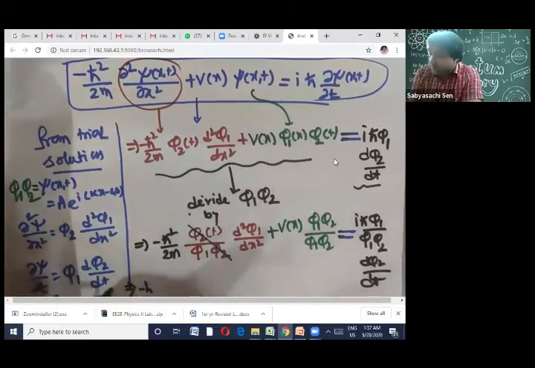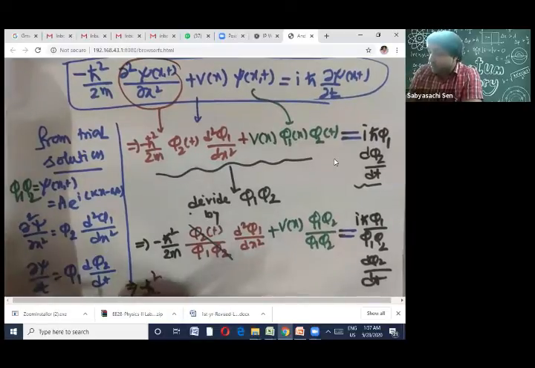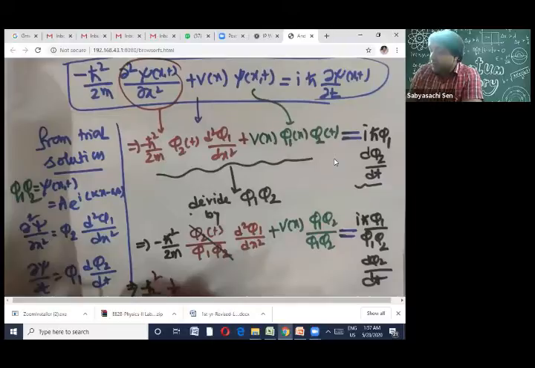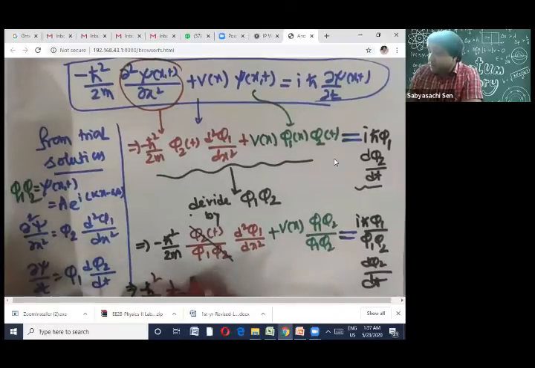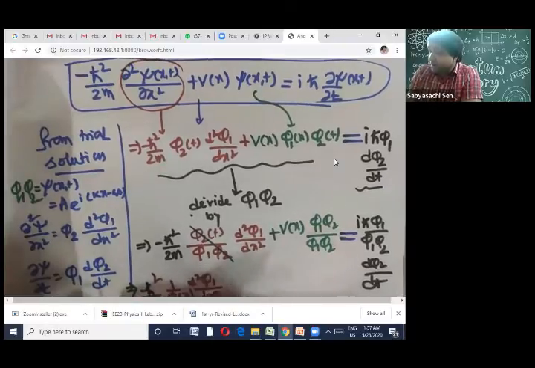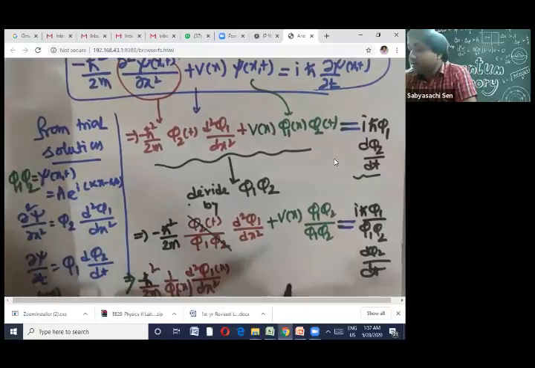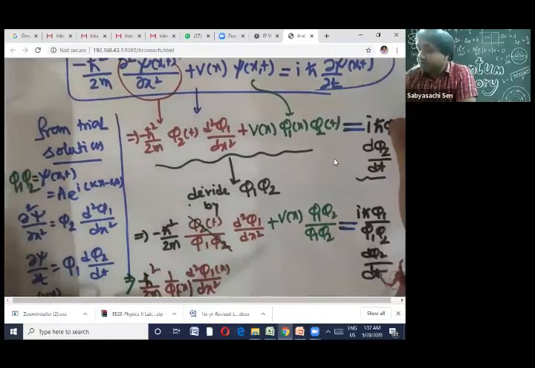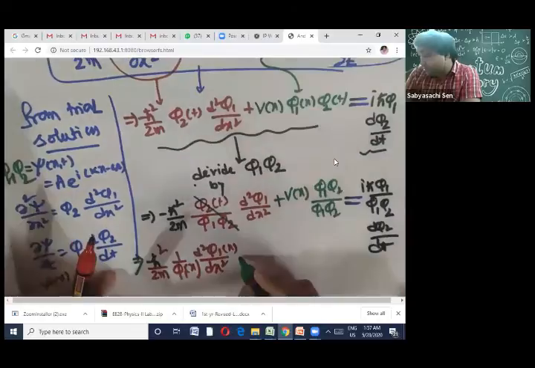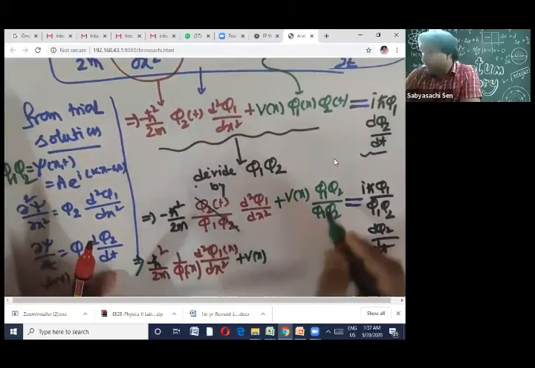minus h cut square by 2m, 1 by phi 1x, d2 phi 1x dx2. Next term is this much. Next term is this. Phi 1, phi 2 will cancel.